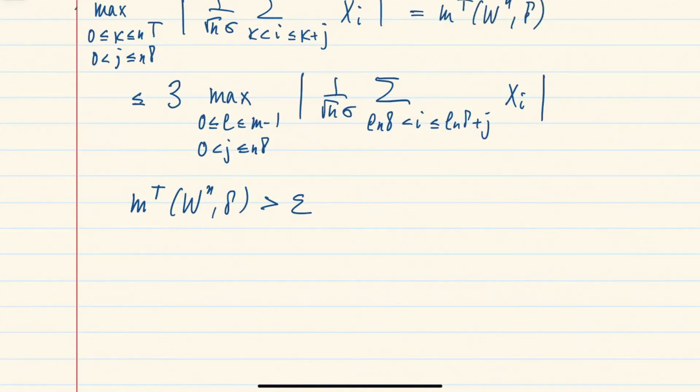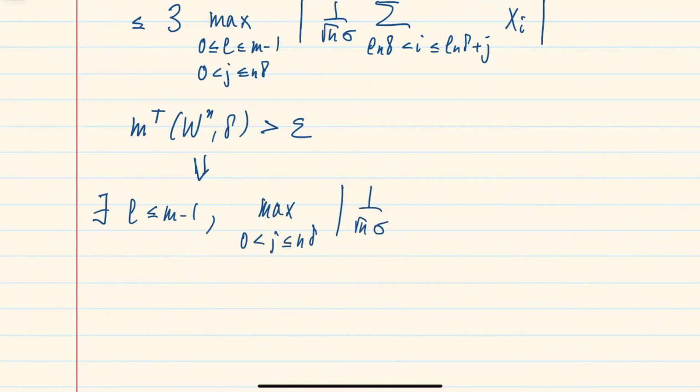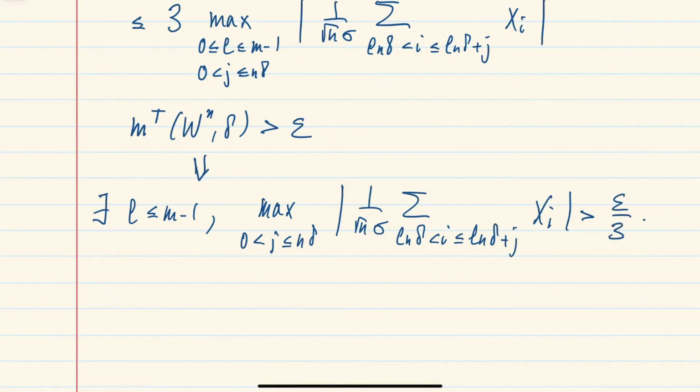So it exceeds epsilon, which means the right hand side exceeds epsilon over 3. In other words, there exists an L up to m minus 1 such that the maximum over J exceeds epsilon over 3.